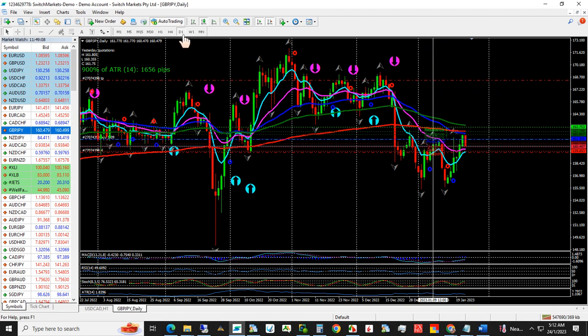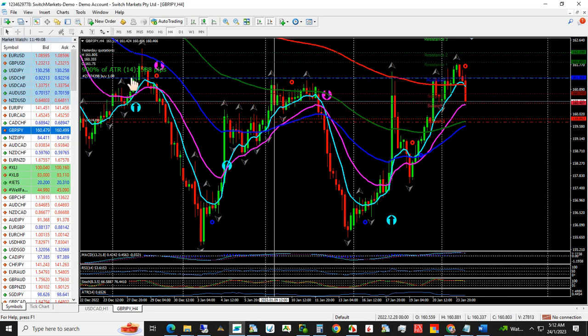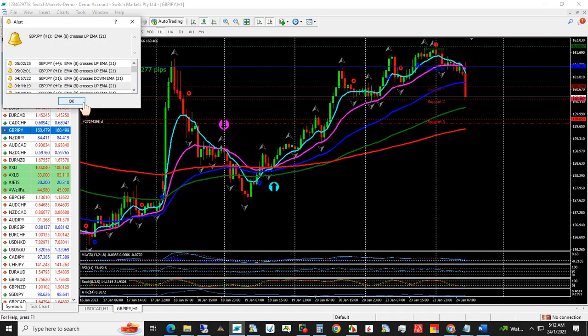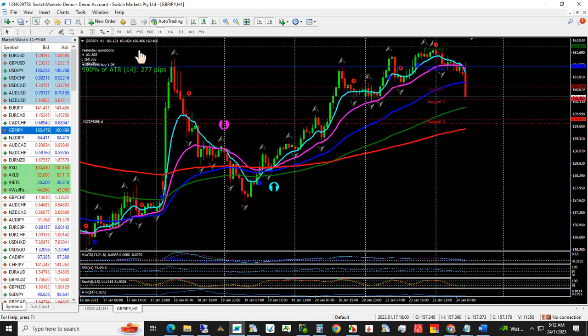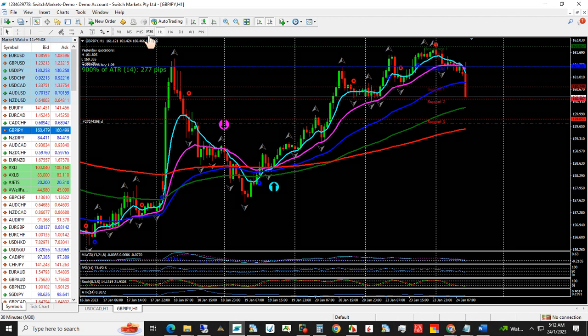So daily up, long term. For the 4 hour, this is medium term. And the 1 hour is a short-term trade. And anything below the 1 hour, 30 minutes, 15, 5, 1, which means from strategy 1 to 4, these are what I call micro trend trades.